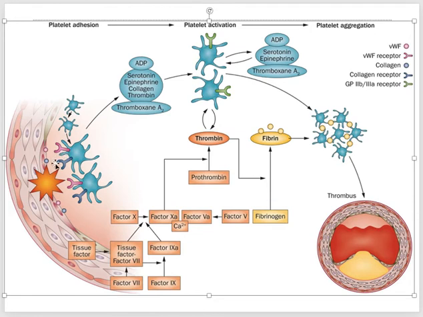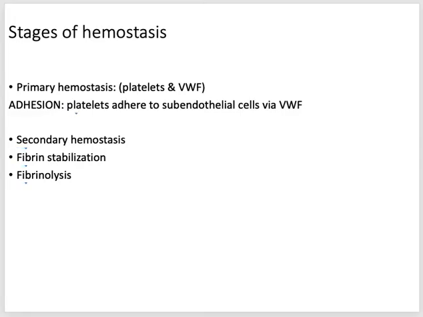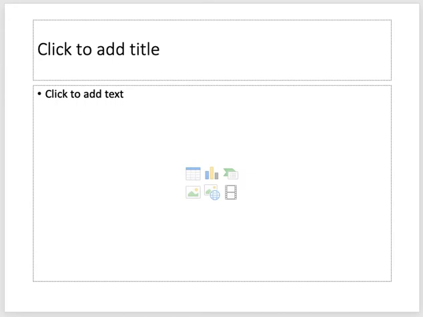As well, you can see there is one receptor for the collagen. So one receptor is there on the platelet which attaches with the von Willebrand factor, and one receptor is there to attach with the collagen. So this is what is called adhesion.